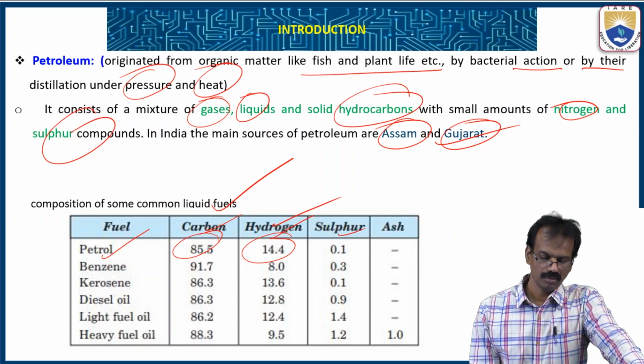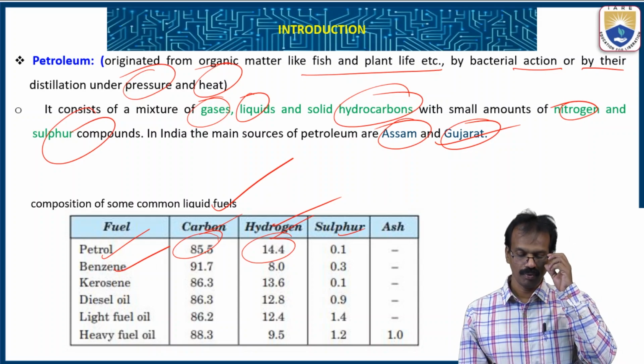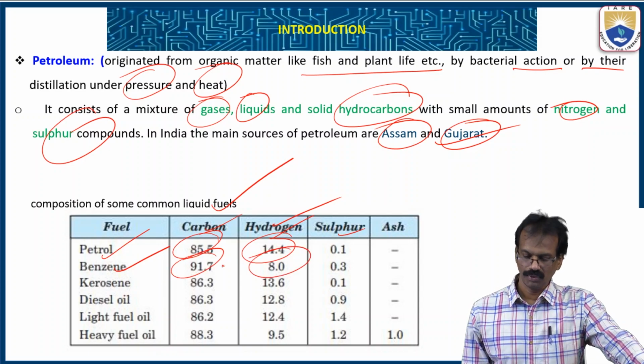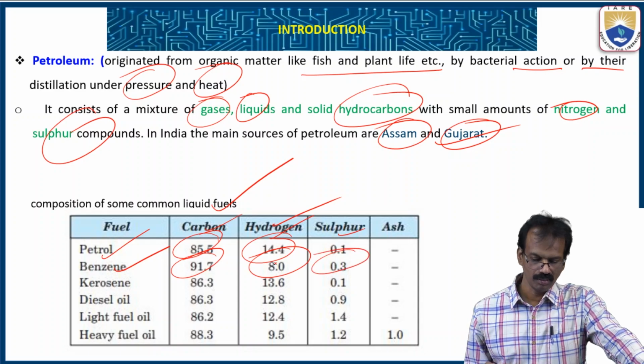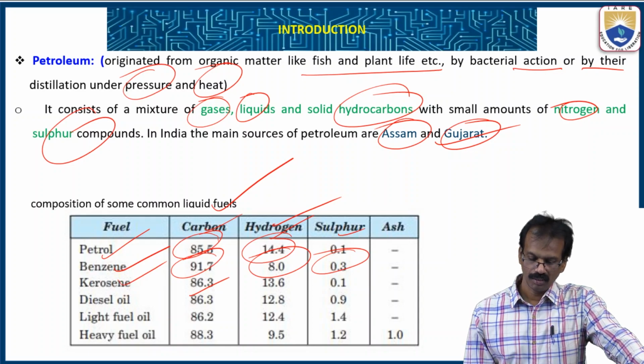Next, benzene, you know this one. It has 91.7 percent carbon and 8.1 hydrogen. The sulfur rate here is also less than 1. Kerosene has 86.3 percent carbon and 13.6 hydrogen, with 0.1 sulfur. Diesel oil has 86.3 carbon and 12.8 hydrogen.